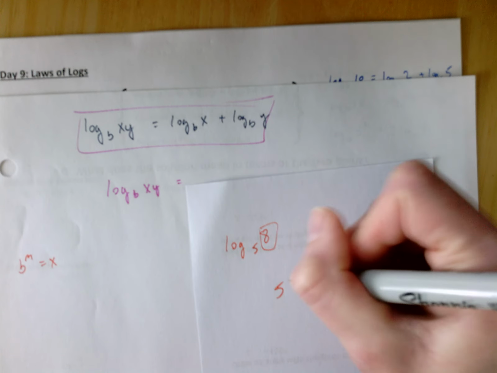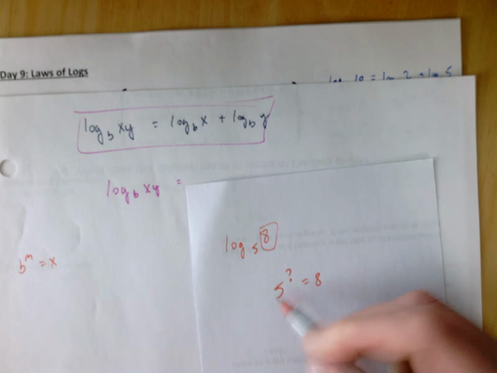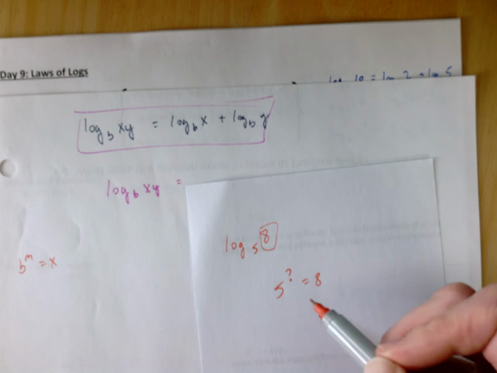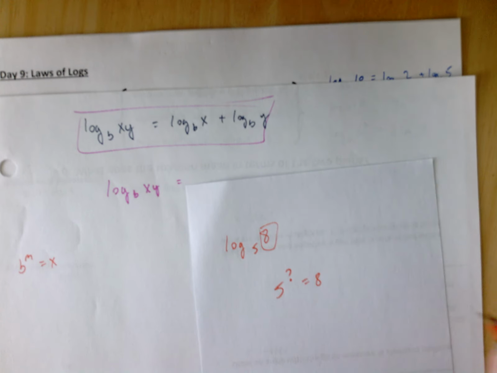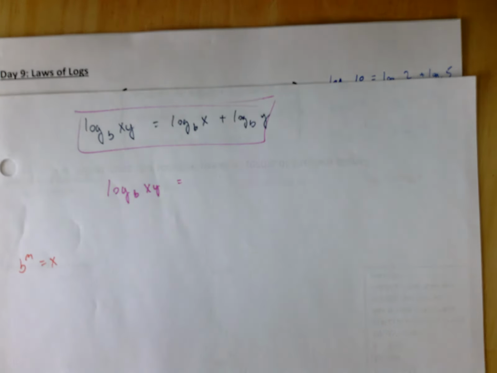I don't know what it is, but there is some number that you can raise 5 to so that it would equal 8. It's more than 1 and less than 2, but it's some number. It'll work.